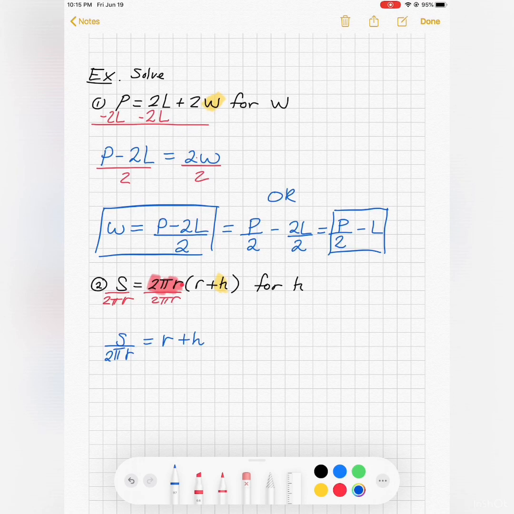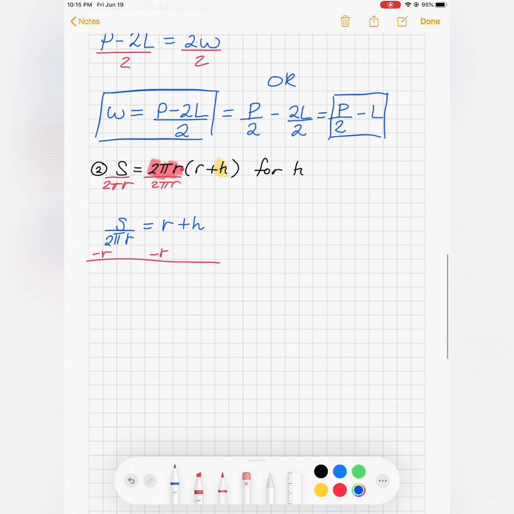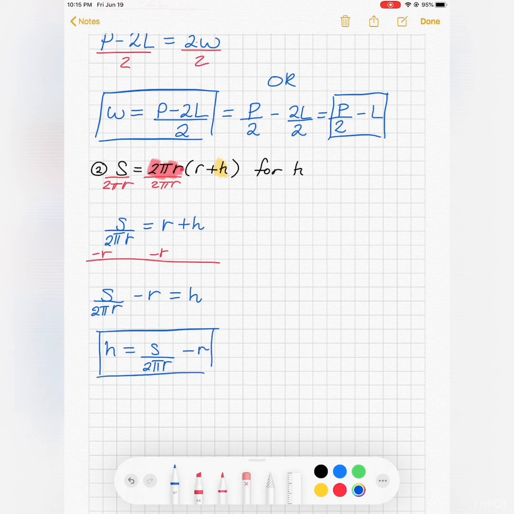Okay, then I need to move this r that's been added there. So I subtract. Now again, on the left I don't have like terms. Okay, so I think that would be an acceptable answer. I've isolated h. Let's see what some other options are.